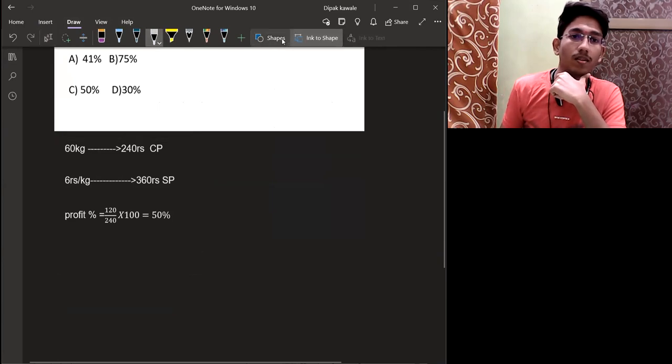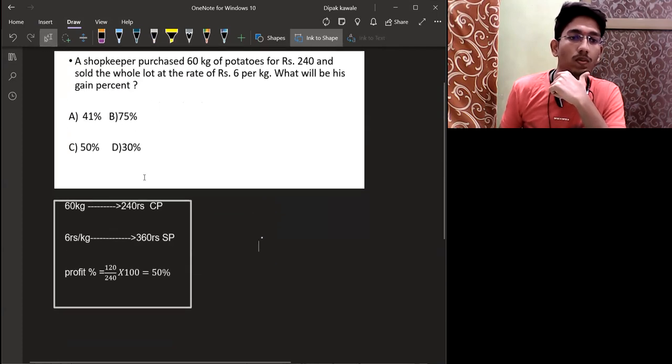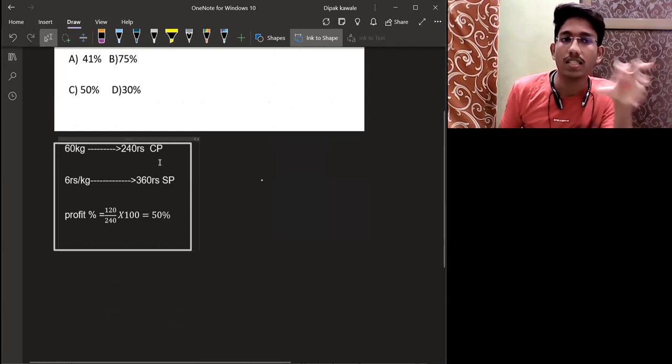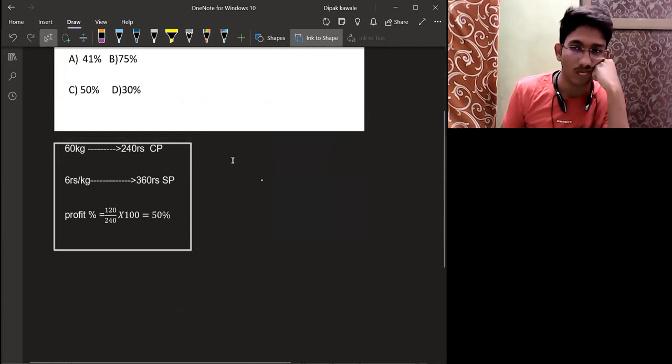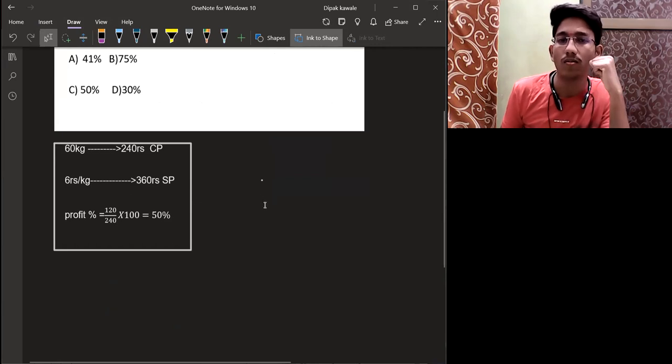So this is my approach number 1. I am buying 60 kg at 240 rupees. That means what will be my per kg price? 24 by 6, which is 4, since 6 fours are 24.